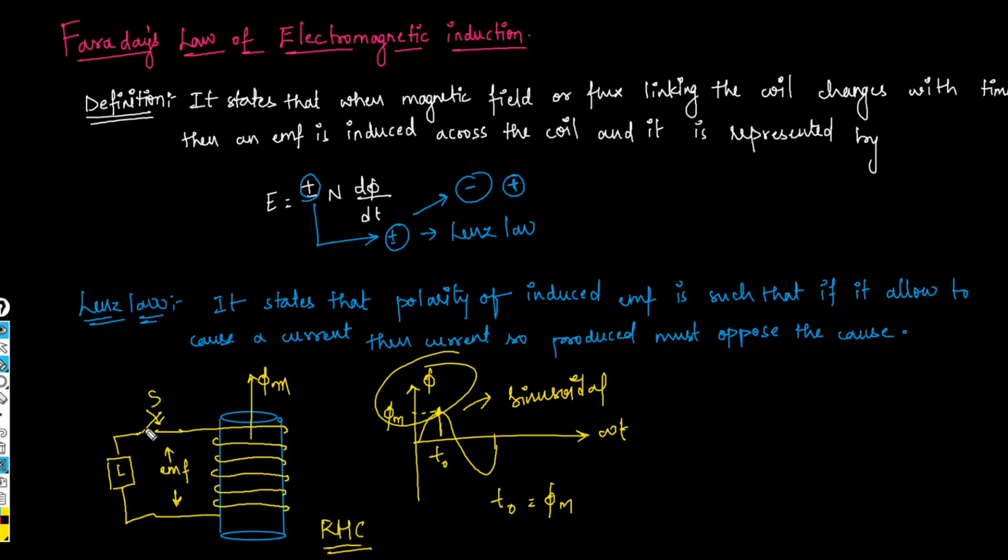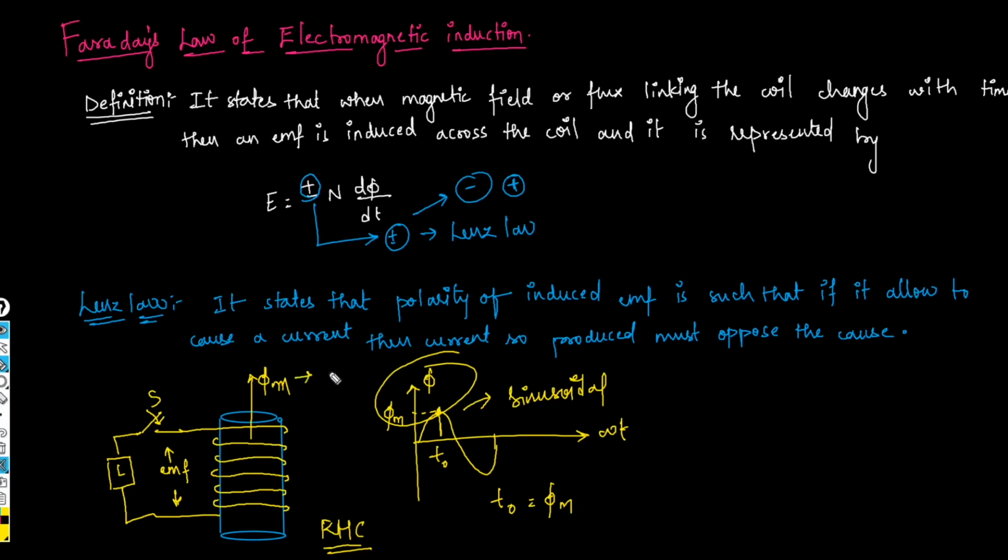If I close this switch, then current will develop in this circuit. According to Lenz law, the current direction must oppose the cause. Whatever the current direction is in these windings, it should oppose the cause.